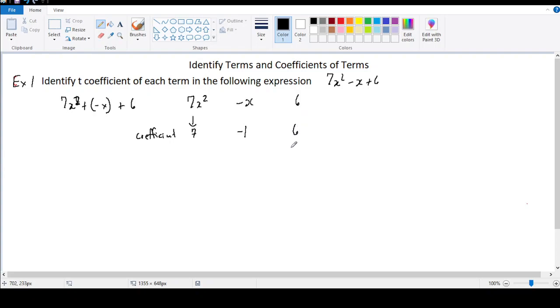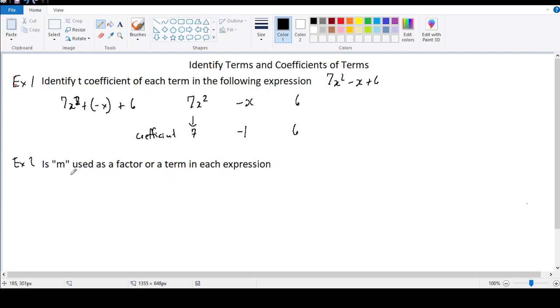It is important to be able to distinguish between a term and an expression and the factors of a term. Now we have example 2. Is m used as a factor or a term in each expression?